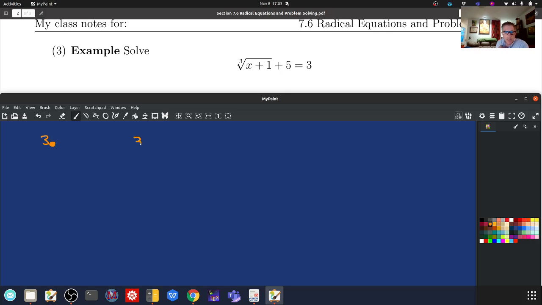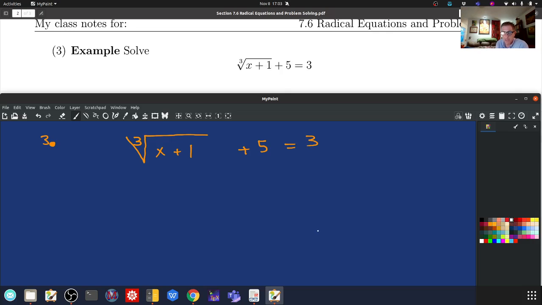So this deals with the cube root of x plus 1, plus 5. Notice that 5 is not underneath the radical sign. That's a common error students make. Make sure you know what's under the radical. x plus 1 is under the radical. 5 isn't. Is equal to 3.